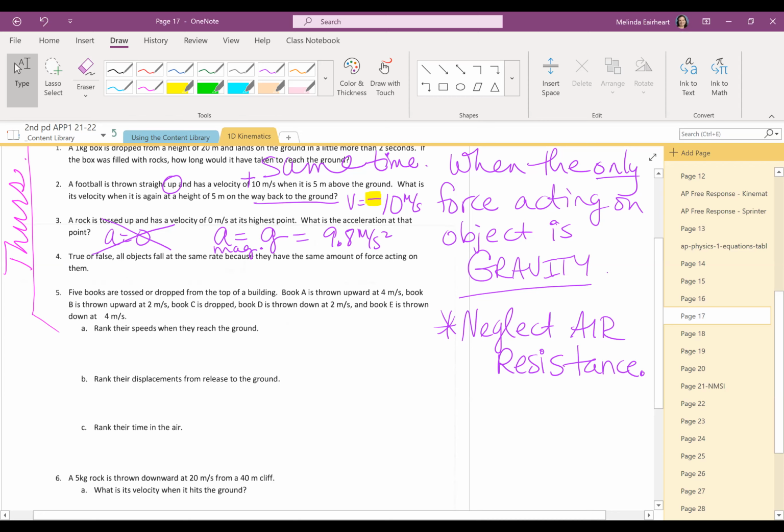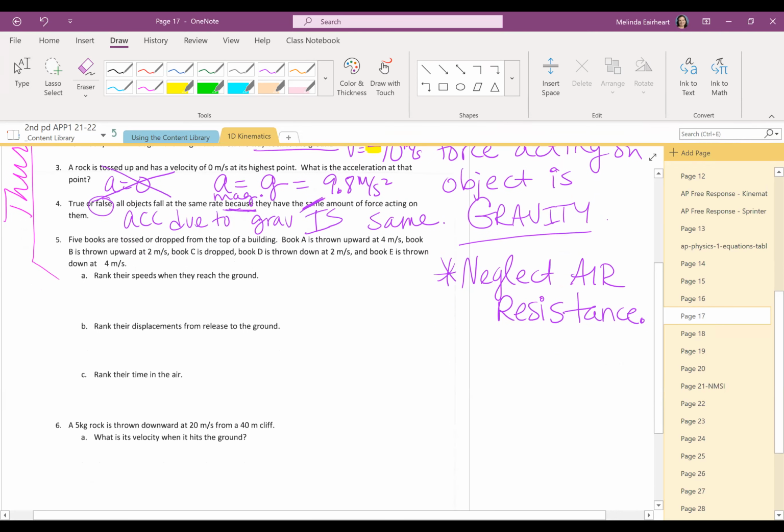And so I would say false here because of the because statement. They don't have the same amount of force acting on them, but the acceleration due to gravity is the same. So force depends on mass, but the acceleration due to gravity does not.